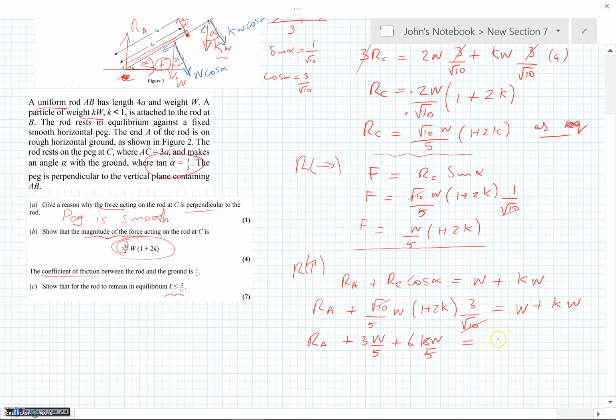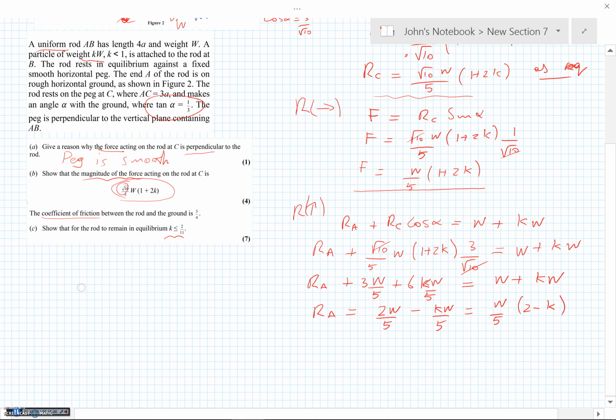And I've still got W plus KW. When I rearrange that, I'm going to bring over to the other side. I'm going to get RA is equal to 2W over 5, because we've got W minus 3W over 5, and then for the KW it's going to be minus KW over 5. Let's write that in factorised form: W over 5, 2 minus K. Okay, so we've got RA.